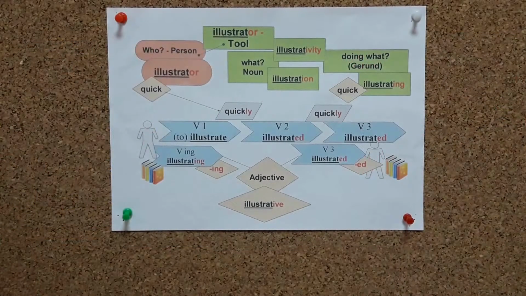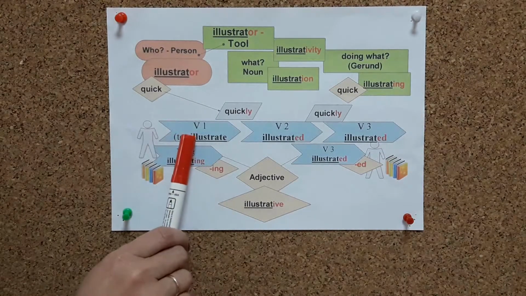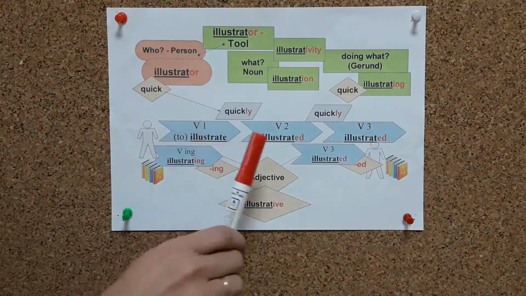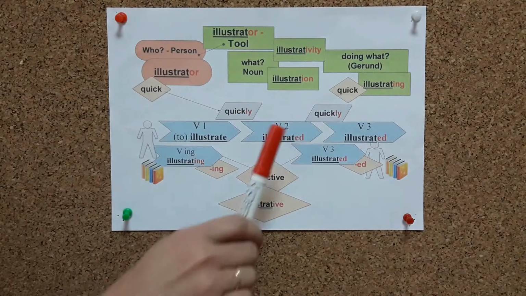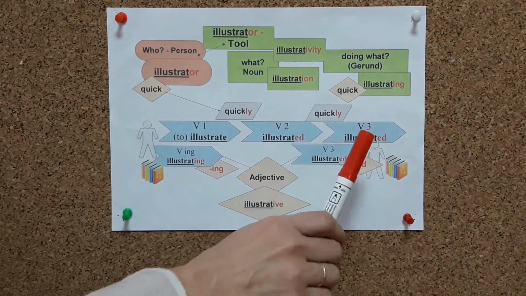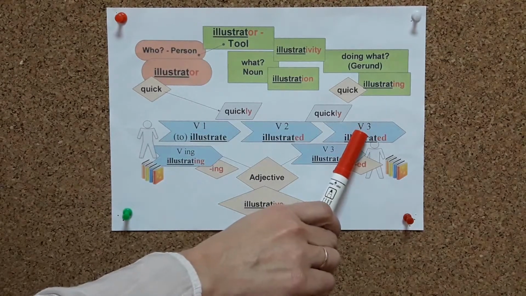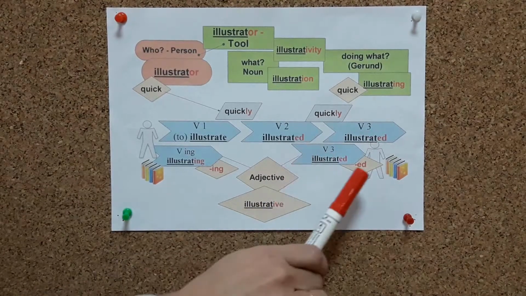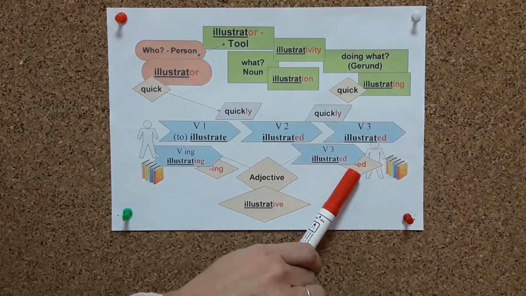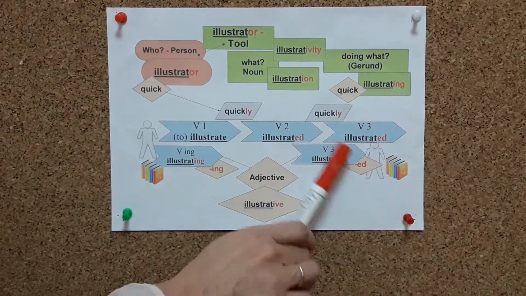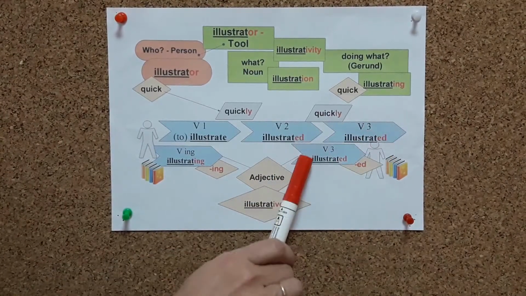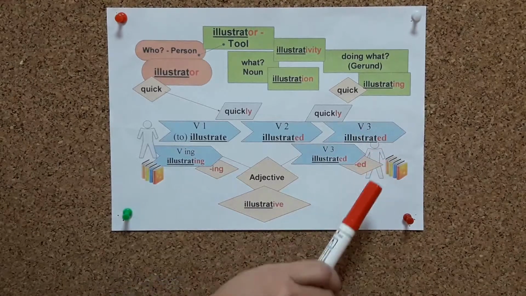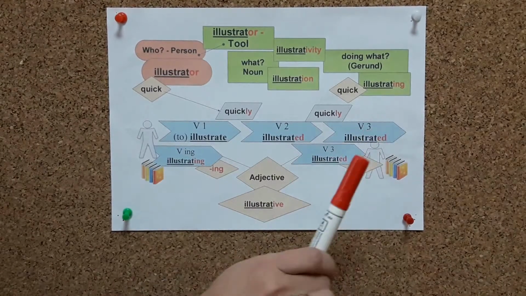So this schema illustrates how we develop language awareness in students. There are the verbs. To illustrate, V2 or past simple, illustrated, and V3 or past participle, illustrated. Usually we tell them illustrated means ілюстрований, that there was an action that happened to the person, that was made over somebody.